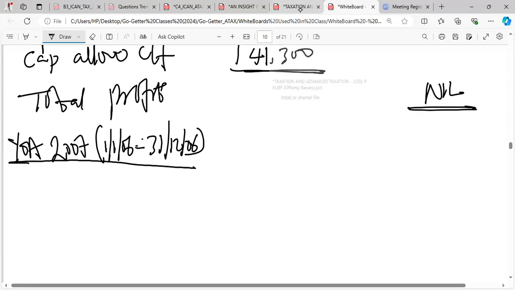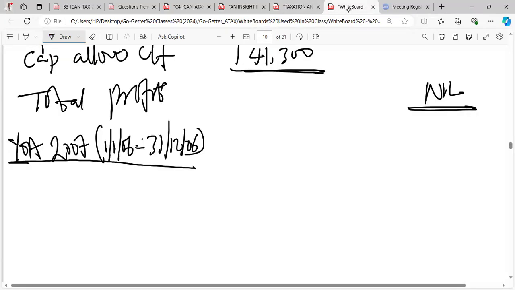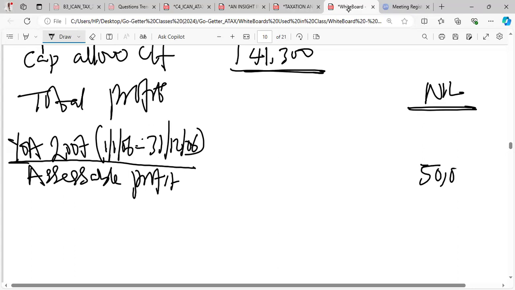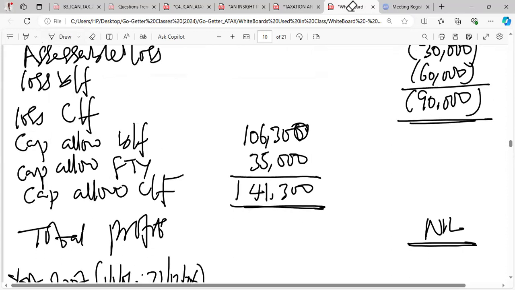Was it a loss or a profit? 2006 is a profit of 50,000. Assessable profit, 50,000. Loss brought forward. How much loss did we carry forward before? 90,000.